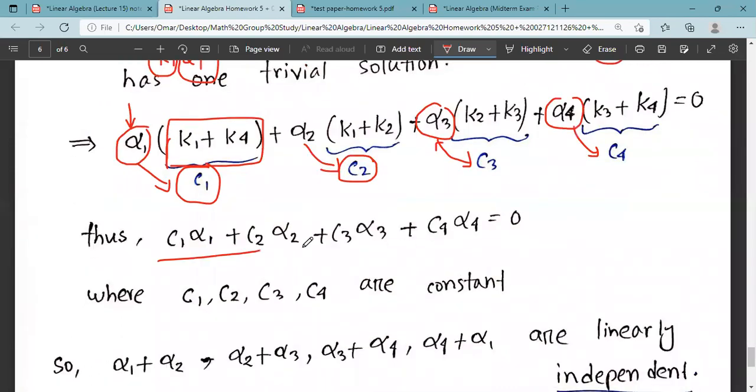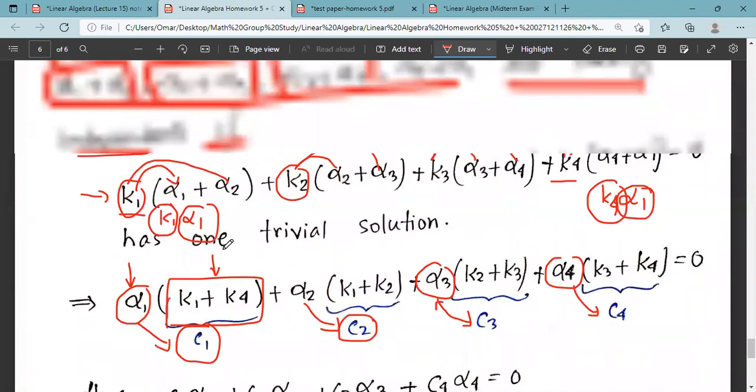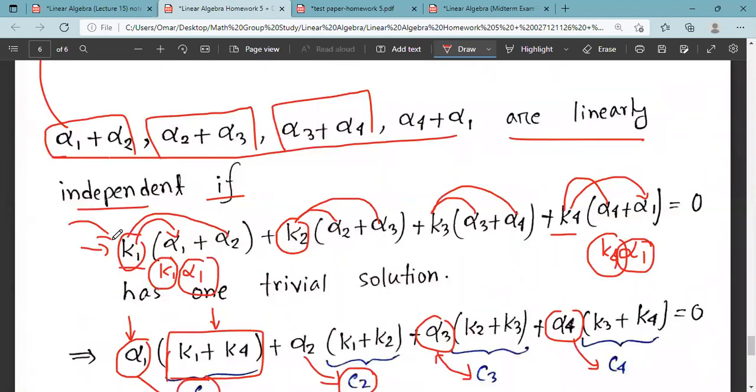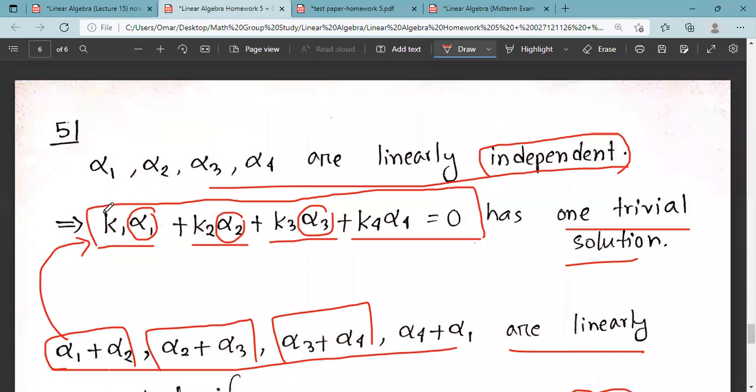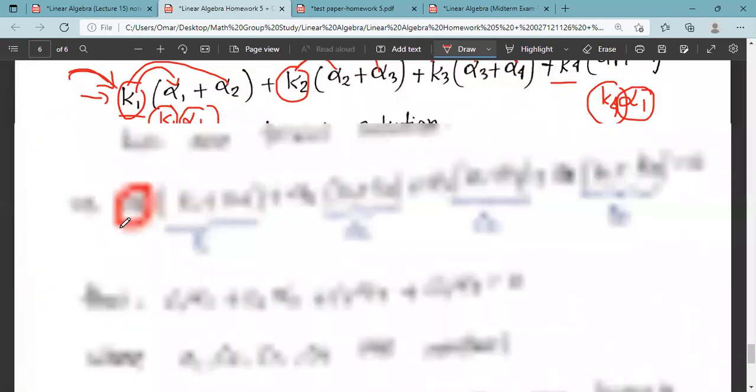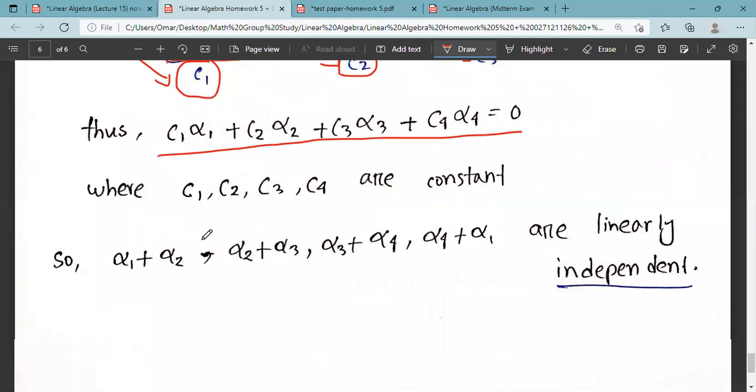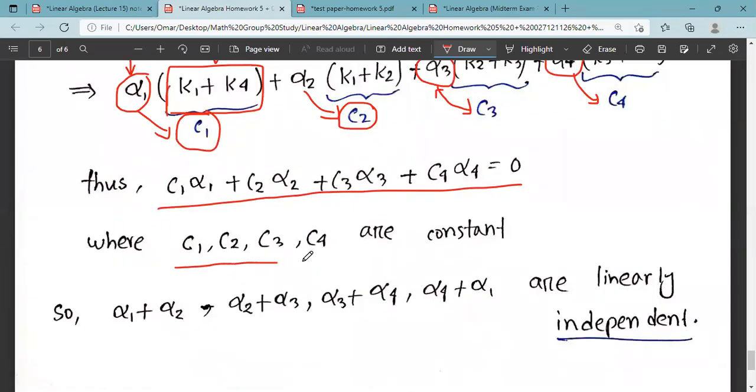We can see that k1 plus k4 is some constant, because we already took them as constants at the first stage. This k1 is also a constant. So in the last line, we can say that c1, c2, c3, c4 are all constants.